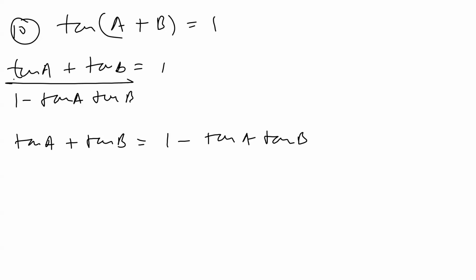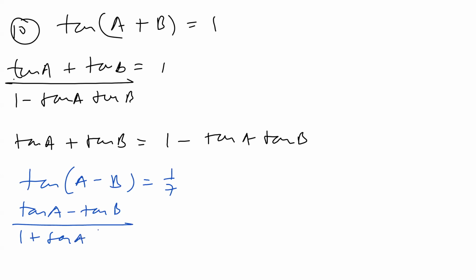Second case, tan(A minus B) is 1 by 7. So tan A minus tan B upon 1 plus tan A tan B equals 1 by 7.